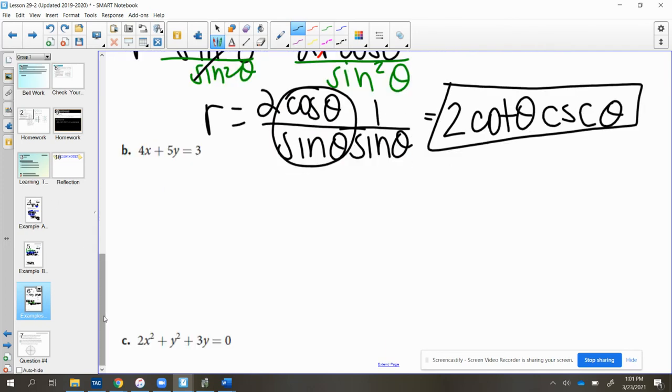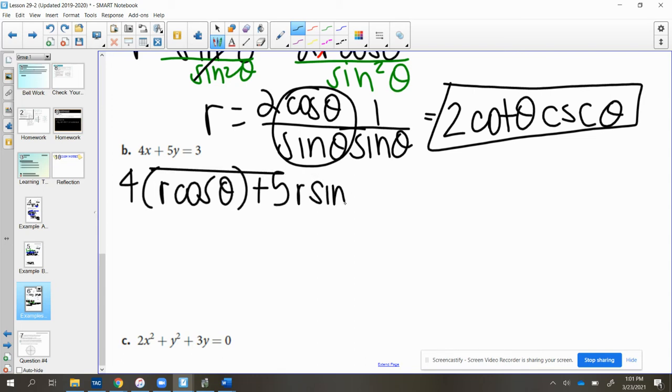Okay. Next example we have is converting here. So again, we're going to substitute in for our x value, our cosine theta, and then for our y value, our sine theta. And then that's going to equal 3. And again, what we're going to do is both of these have an r in common.